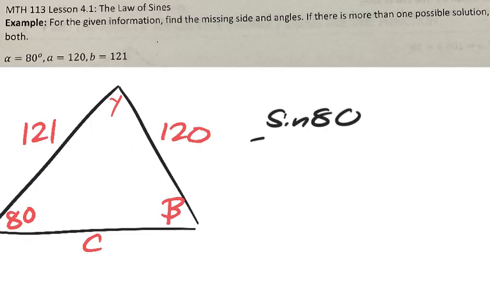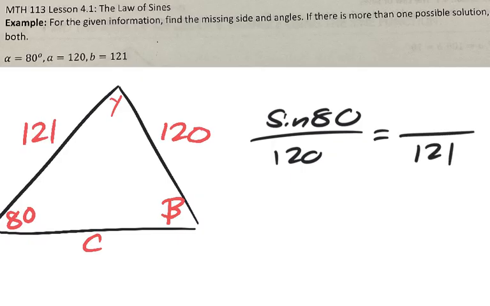Sine of 80 over 120 has to equal, well, the only thing I know, this is side 121, and I'm looking for sine of beta. For me, at this point, I know there could be two cases. Because I can solve this through and see, I'm going to do inverse sine to get beta by itself. So let's just go ahead and solve it.